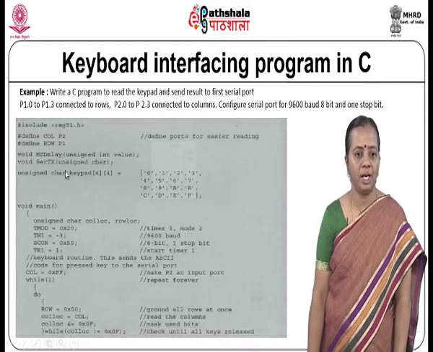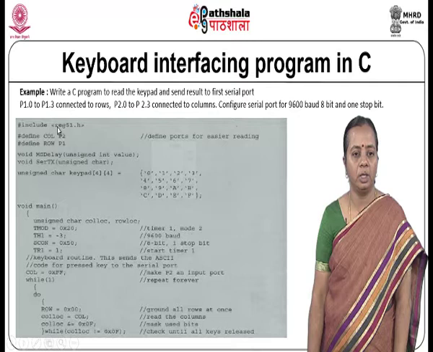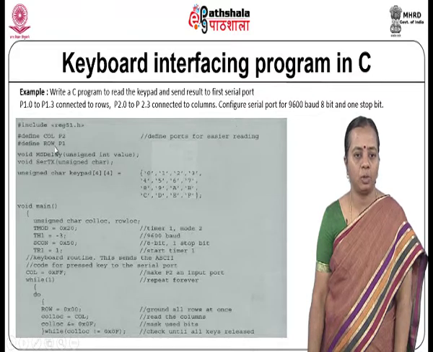Now you just see that we include reg51.h, define column as P2 and define row as P1. So, I will call the P2 port the column and the P1 port the row.